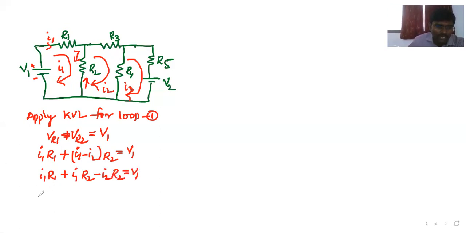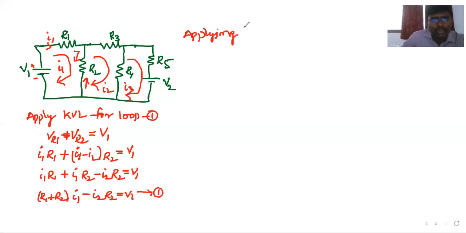From this we can write (R1 plus R2) into I1 minus I2 into R2 is equal to V1. Consider it as equation 1. Okay, now you apply the loop equation for the second loop, applying KVL for loop 2.